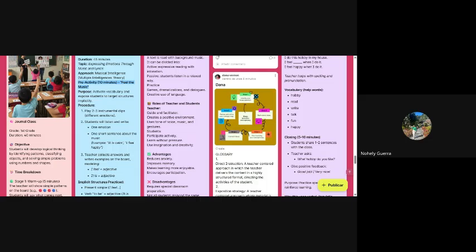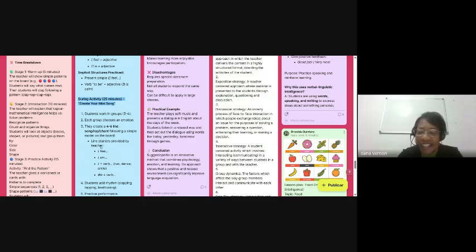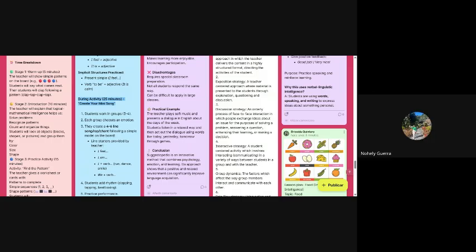In the during activity, they have to create a mini song. In the main activity, students work in groups. They have to create a short song. They can also create a rap or chant based on one emotion. I think they can choose the emotion that they want.